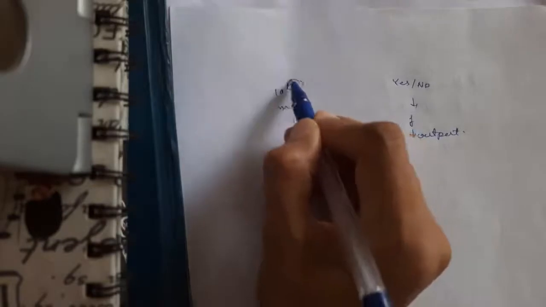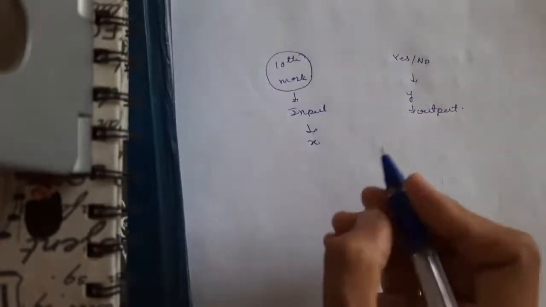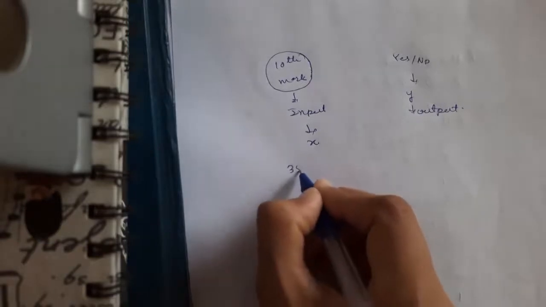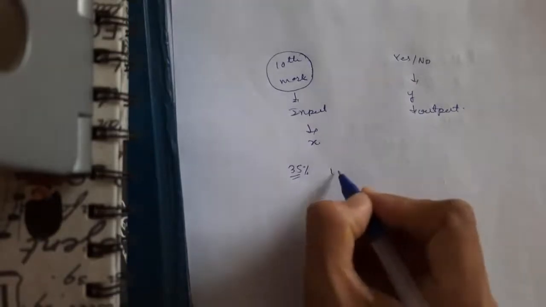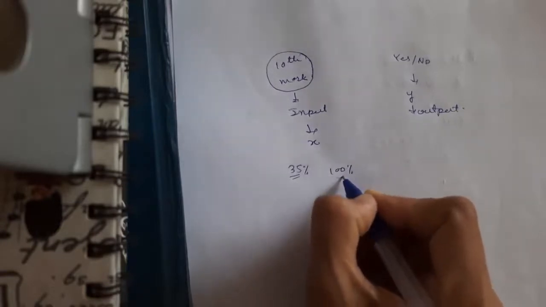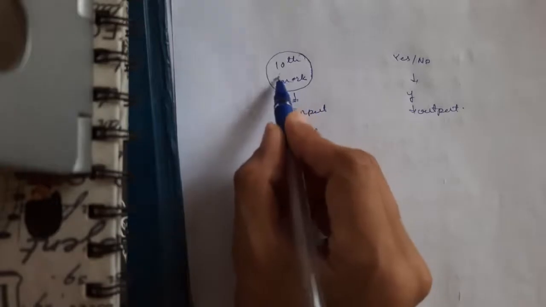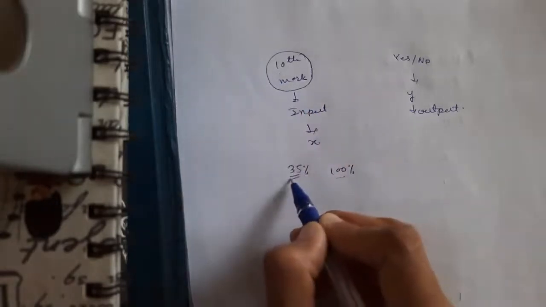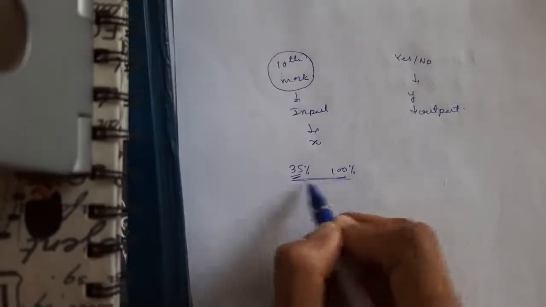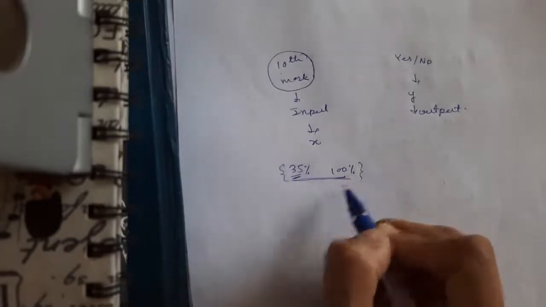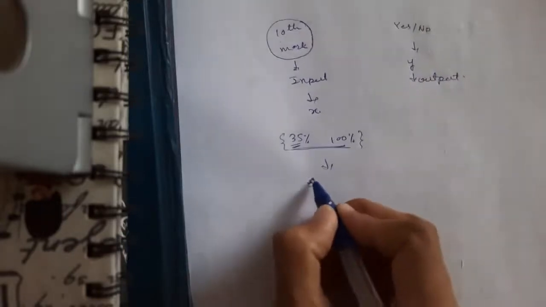So in this case, now tell me one thing. If you are filling in your 10th percentage, you cannot have a percentage less than 35% because you fail, and you cannot have a percentage more than 100%, right? So you need to fill in your 10th percentage between 35 and 100. So between 35 and 100, this will be your domain.